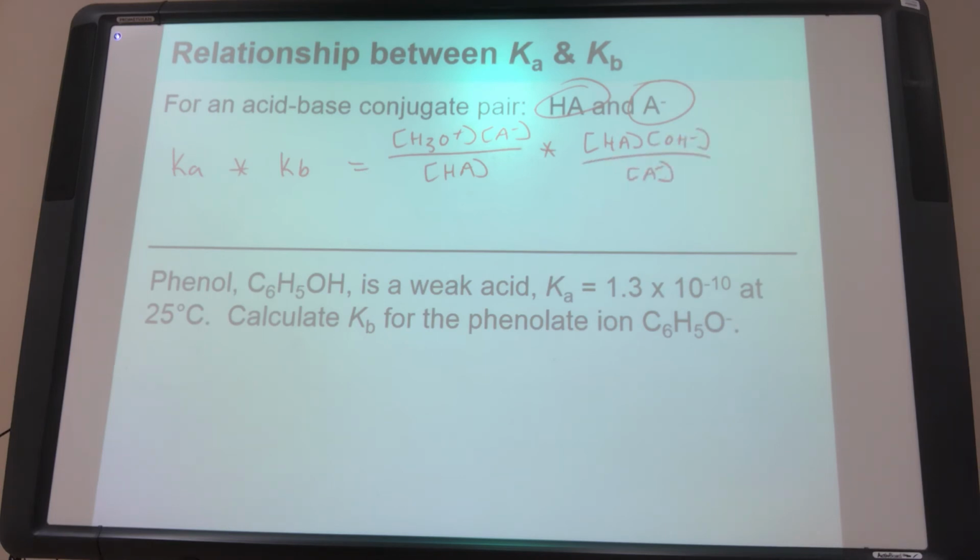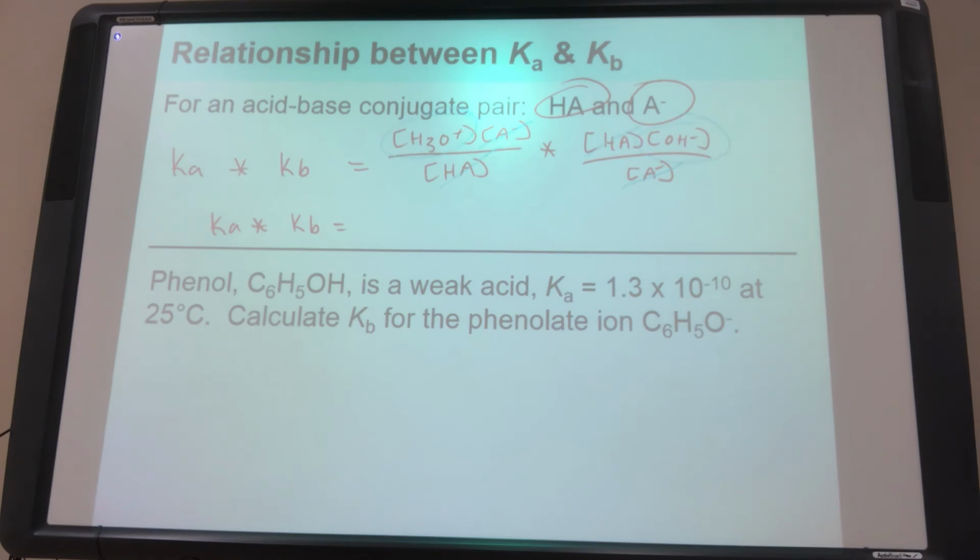Now, I'm using the anion because my conjugate base here is an anion. Remember when we wrote the Kb's, there was one for neutral and one for anion? I'm using the anion because this is an anion. So when I multiply them, what happens? You notice the A- cancels, HA cancels. The only thing left is the H3O+ and the OH-.